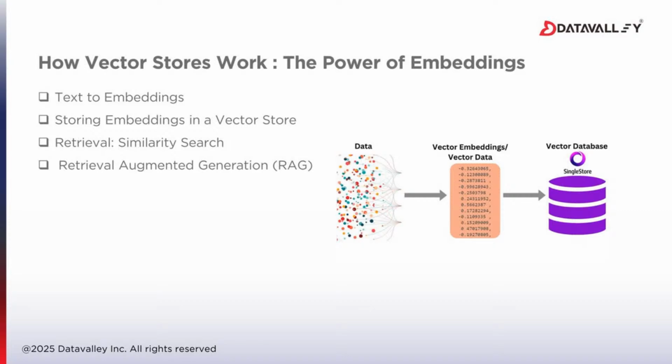This is a special kind of database designed to hold these lists of numbers, called embeddings, and to quickly find the lists of numbers that are similar to a given one. With vector stores, you can easily retrieve similar searches. That is how we store that in a vector store.